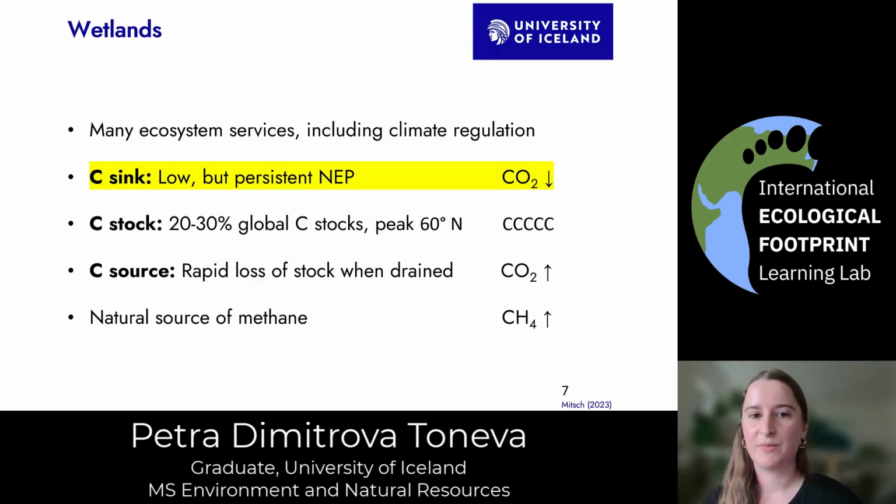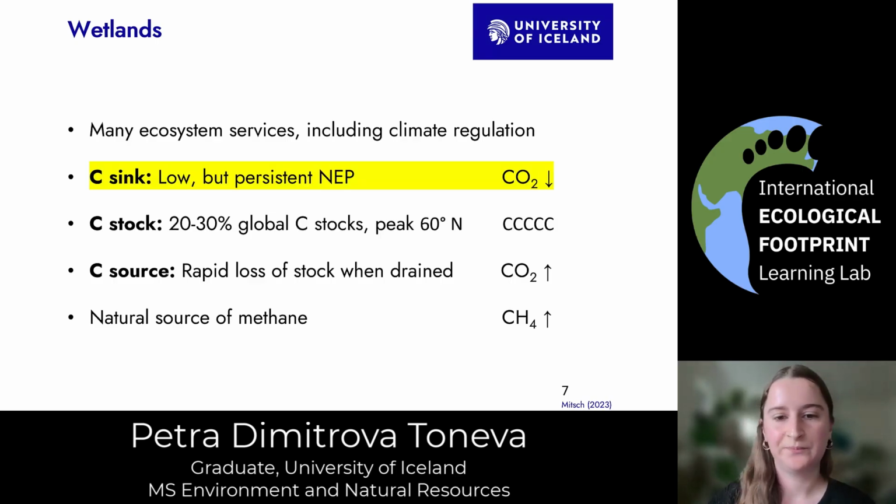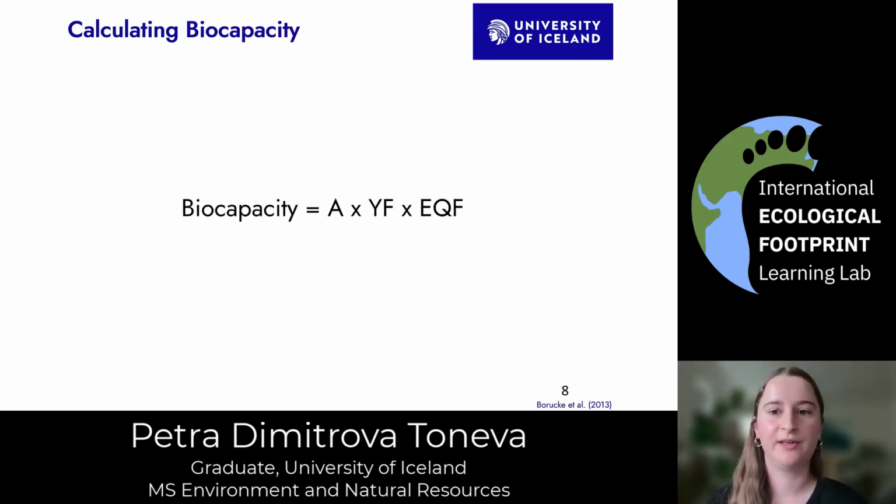And once again, biocapacity doesn't include stocks, but rather only flows. And then the wetlands as a carbon source would belong on the ecological footprint side under emissions there. And we don't capture methane in the framework at the moment.